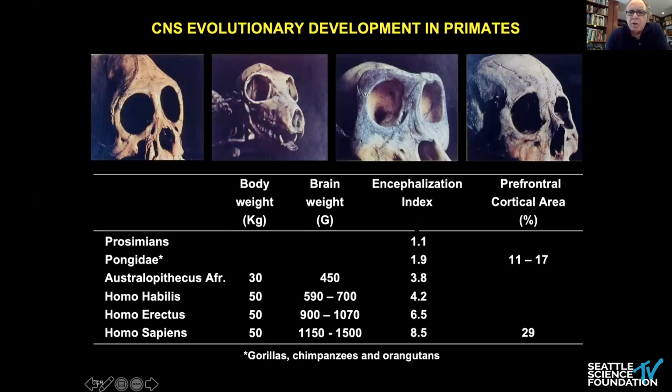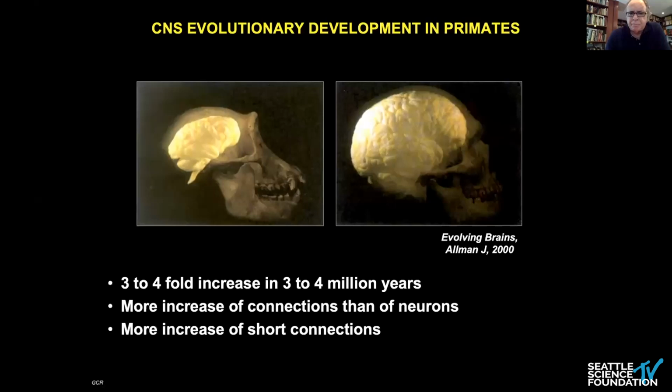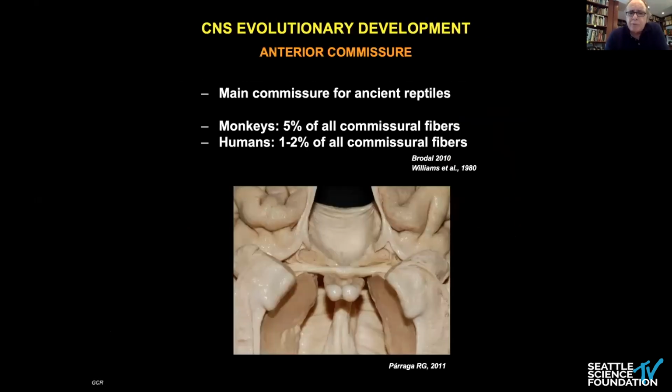The brain did not only increase in relation to the body, but also in relation to the prefrontal area, which increased more than other areas. Overall, in these last 3 to 4 million years, the brain increased 3 to 4-fold. And this increase, interestingly, was due more to connections than to neurons, and more to an increase of short connections, of new fibers of the cerebral hemispheres.